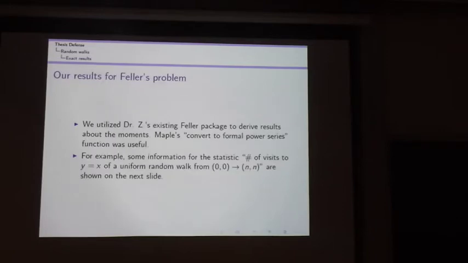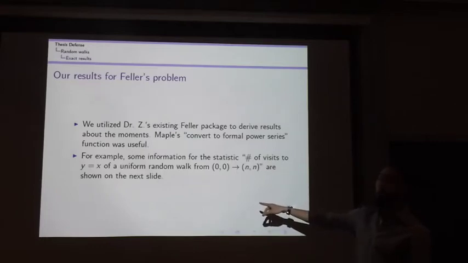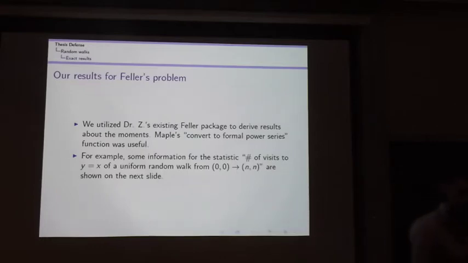Okay, so we did this with the Feller stuff. Dr. Z already made a Maple package where he computed the generating function of all those statistics that I talked about before, in one big multivariable generating function. So we just messed around with that package.